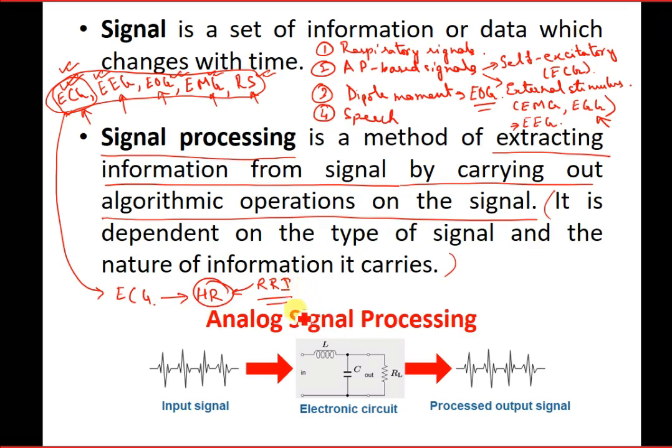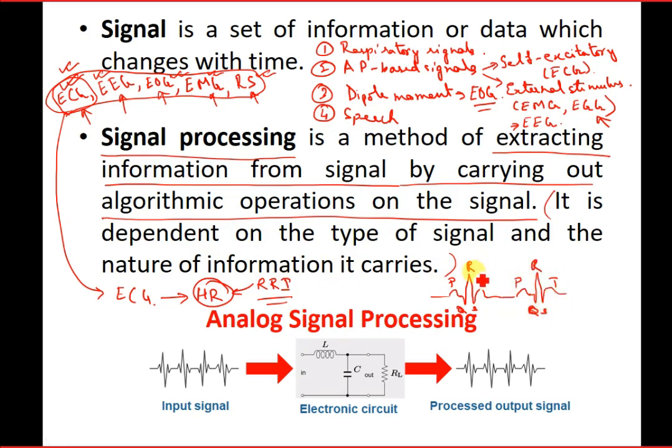Now I have introduced a new term, RR interval. What is RR interval? You all would know that if you consider this as the ECG signal, we have P, Q, R, S and T waves. These would be there, and then there will be another peak where we will have another PQRST.